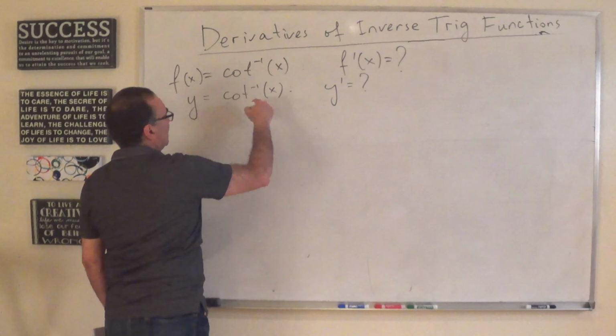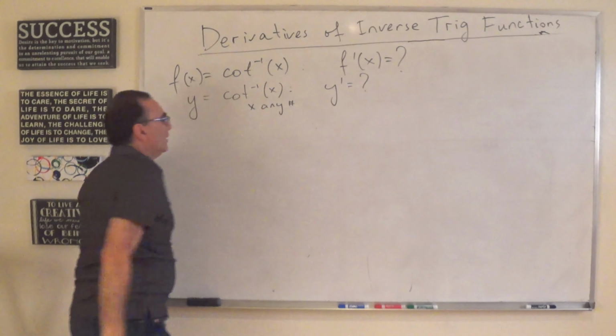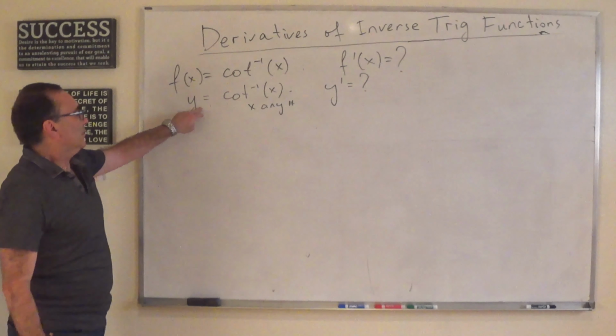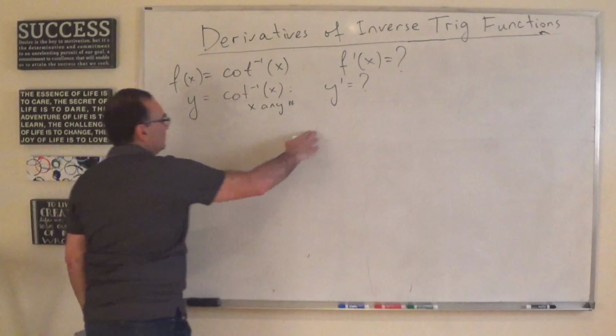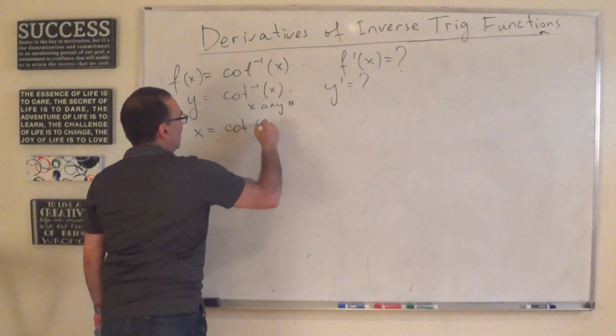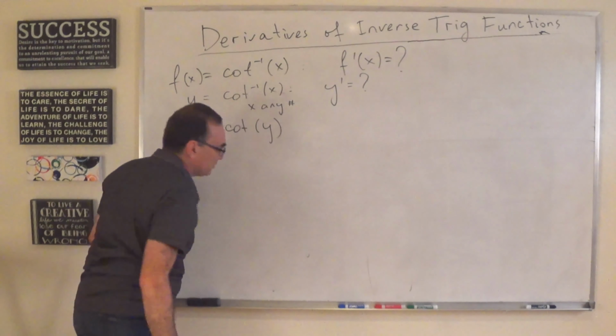In this context, x can be any number. And now how do we find this derivative? So this function y equals inverse cotangent of x can be defined by the equation x equals cotangent of y. So y equals inverse cotangent of x means that x equals cotangent of y.